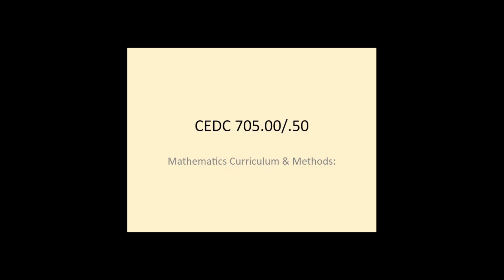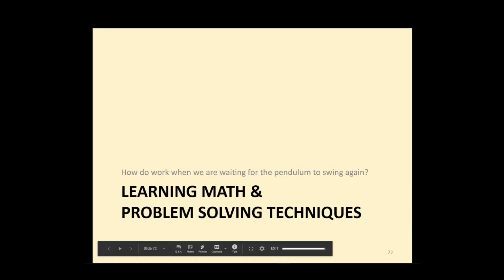In today's video, we're going to discuss how problem-solving techniques can be used and should be used to help students learn mathematics. In the last video, we discussed how we can incorporate a few of the cognitive and developmental psychology tenets into math instruction.